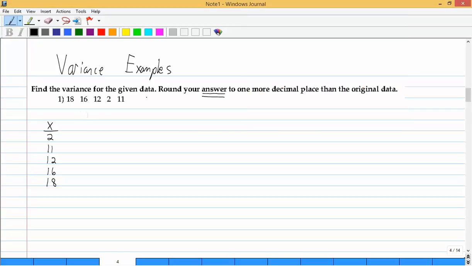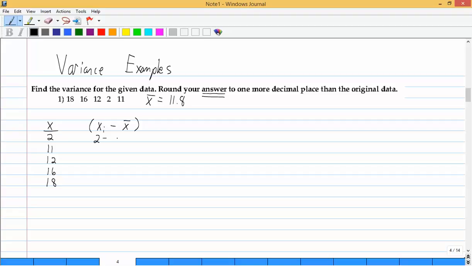So I'm just going to write up here, X bar equals 11.8. Now, we need one column that is just the deviations from the mean for each data item. Remember, that's our x sub i minus x bar. So we need to figure that out for each data item.